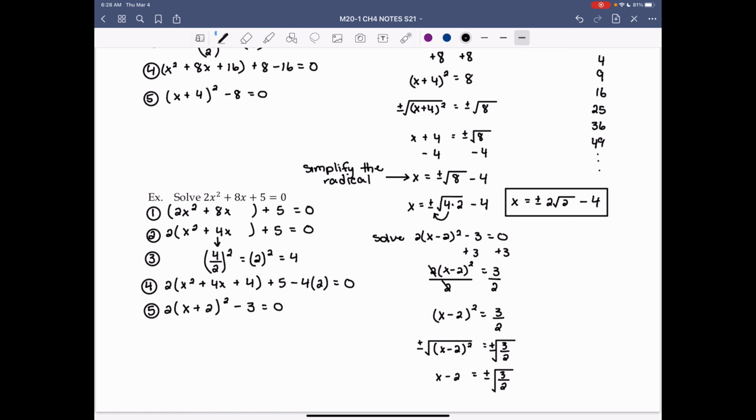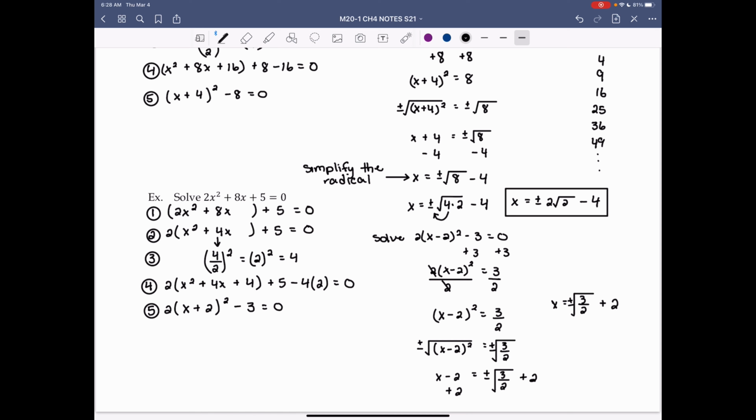And then we subtract 2 from both sides. And we get x equals positive, negative square root of 3 over 2 minus 2.